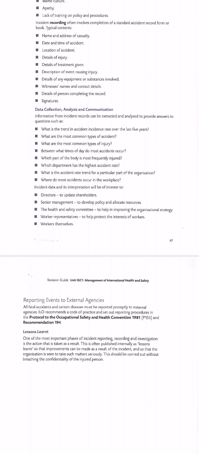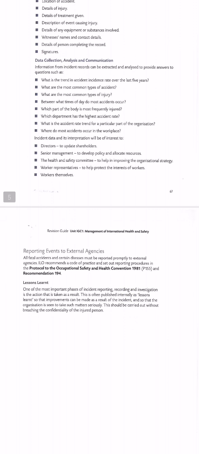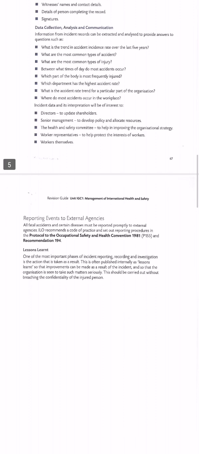Also for worker representatives, to help protect the interests of the workers, and for workers themselves. So this incident data is important for all of these reasons, right?